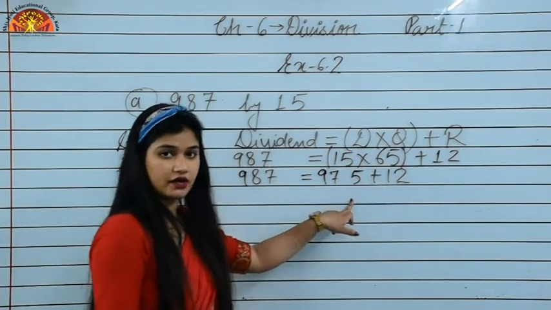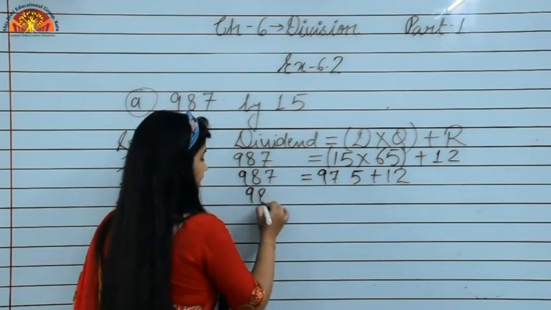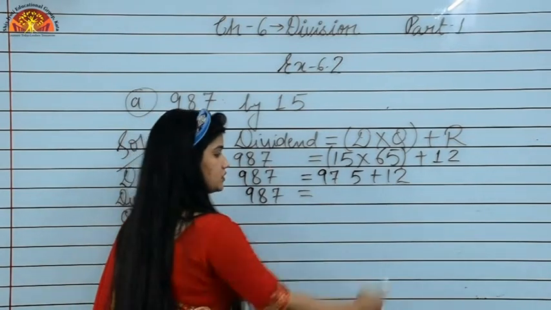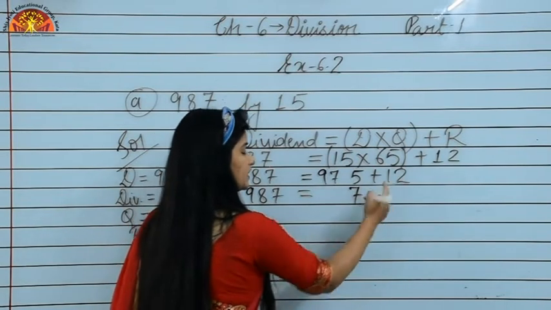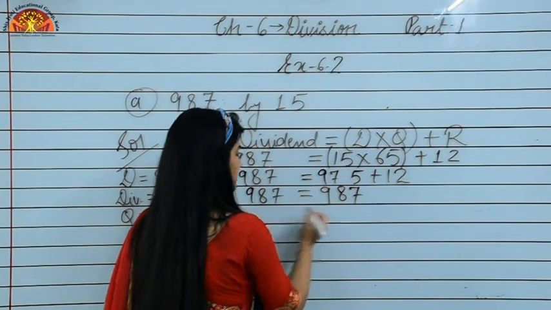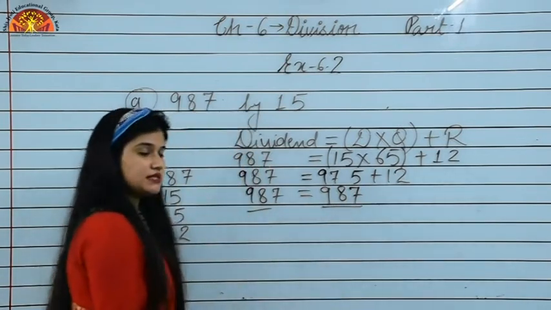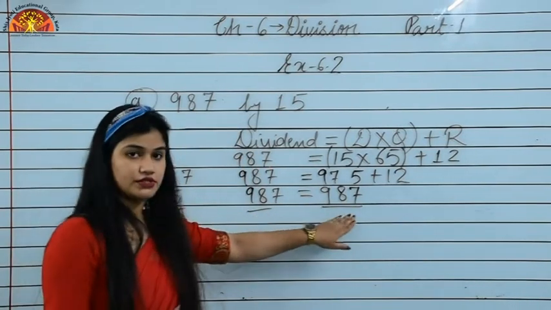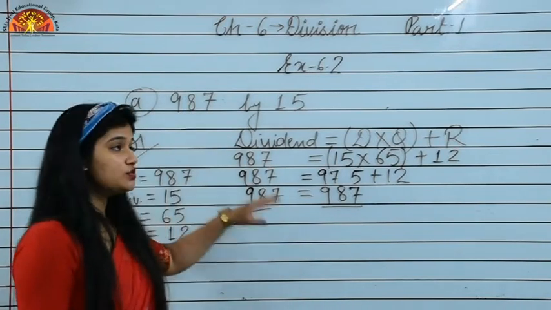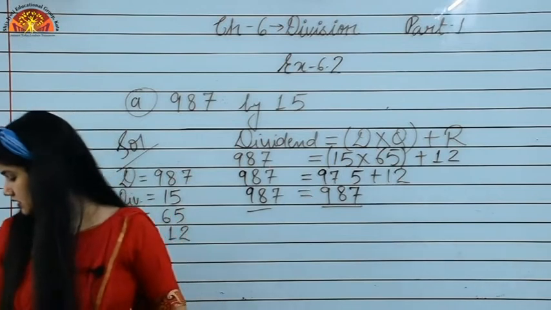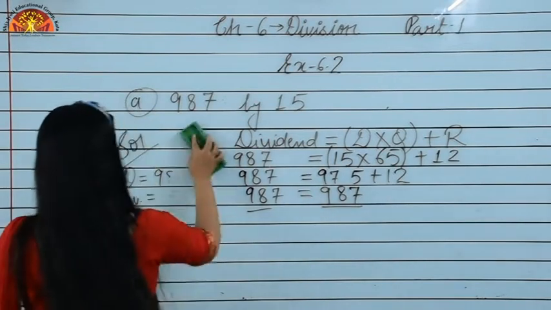So 987 is equal to 5 plus 2 is 7, 7 plus 1 is 8 and this is 9 and we get the same answer. 987 is equal to 987. It means our division is correct. So students, in this way you can solve the division and you can check your answer also.